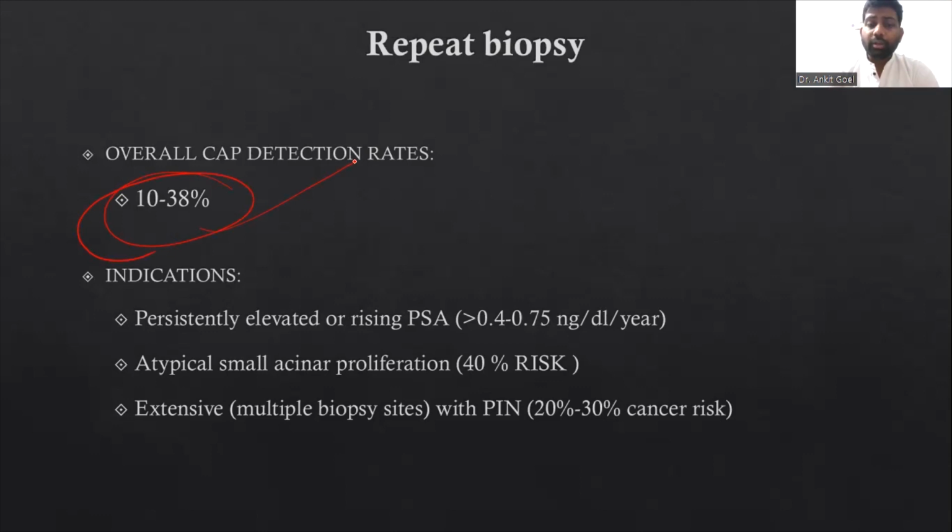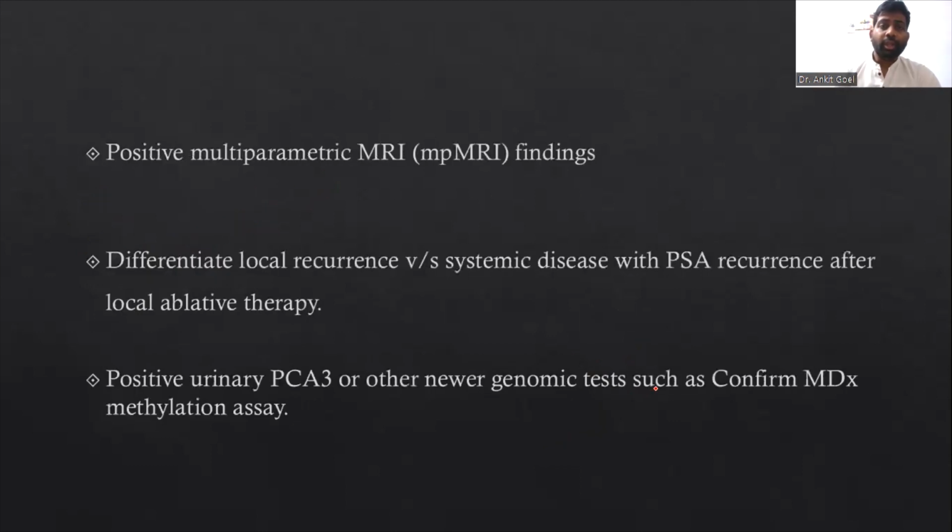If there is an atypical acinar proliferation, there is a 40% risk it's going to be a malignancy. And if there is extensive PIN, in that case there is a 20 to 30% risk of malignancy. It's not an isolated HGPIN, it's extensive PIN that should be there, because in that case there is a 20 to 30% chance of it being a cancer. Now, if an mpMRI is done and it's PI-RADS 3 or more, that is likely to be a malignancy.